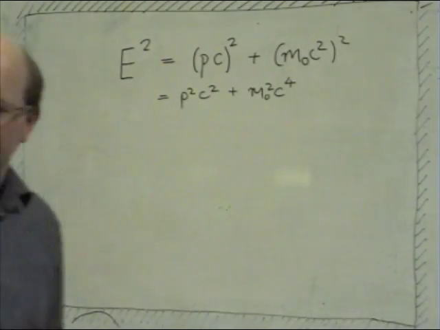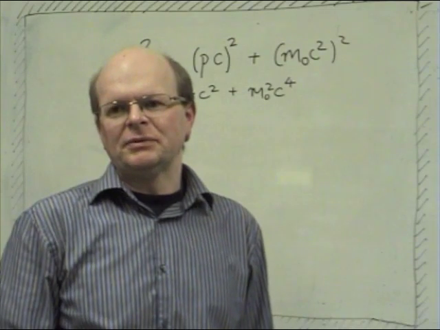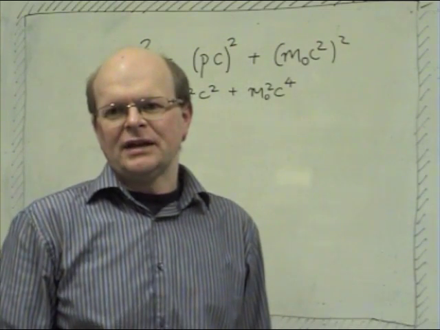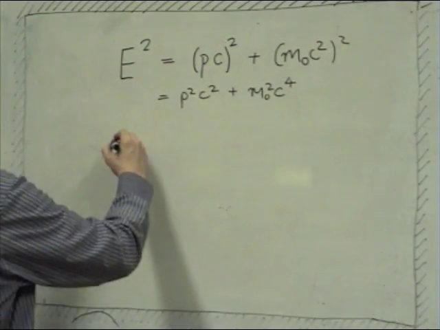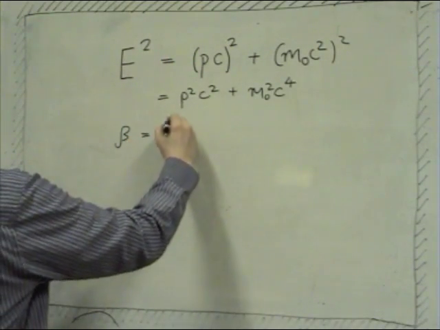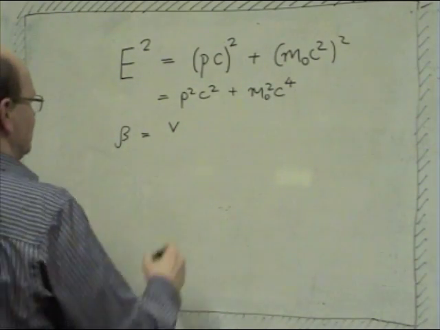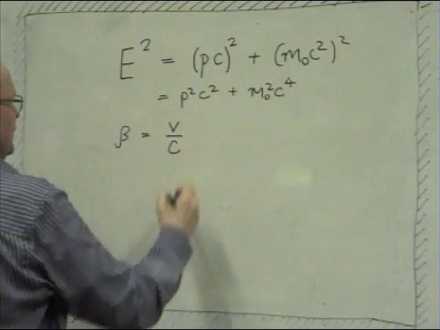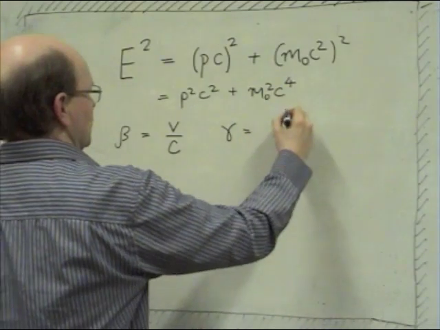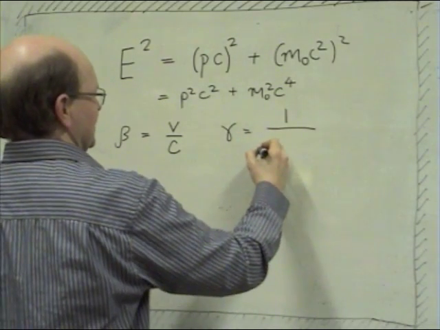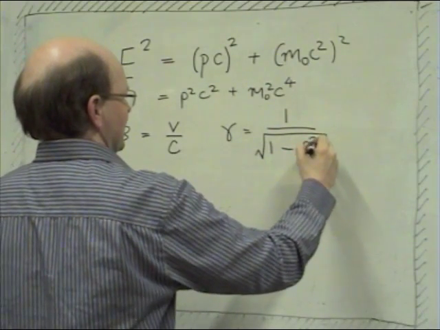Now there are also expressions which are often written down for the energy and the momentum in terms of the rest mass and beta and gamma, where, of course you'll recall that beta is just the ratio of the particle velocity, relative to the observer who's measuring these quantities, to c, the speed of light in a vacuum, and gamma is 1 over, don't forget the 1 over, the square root of 1 minus beta squared.